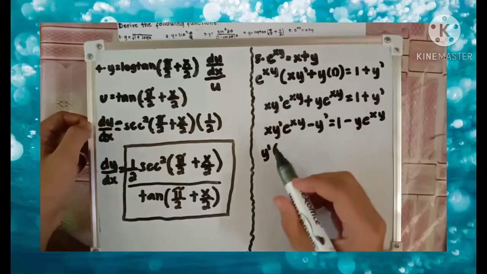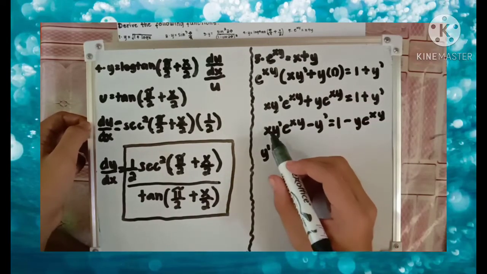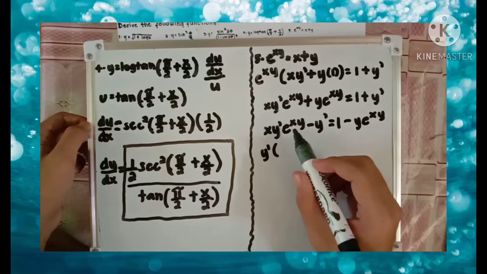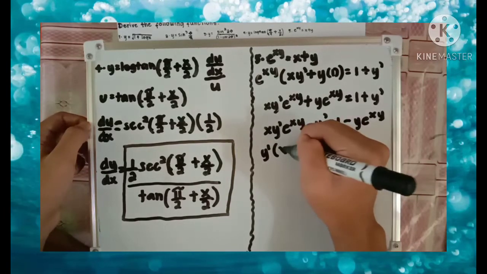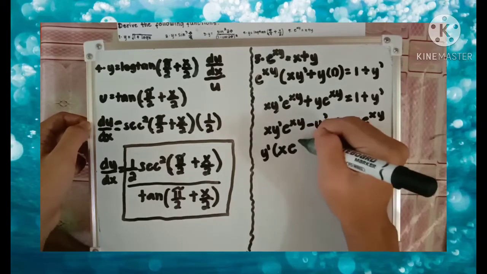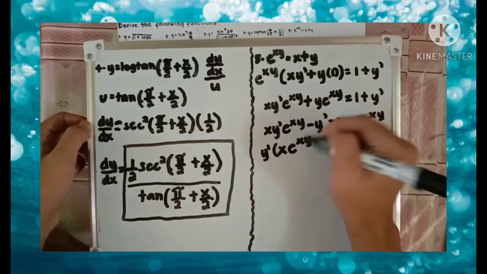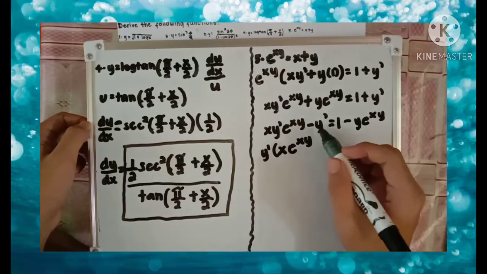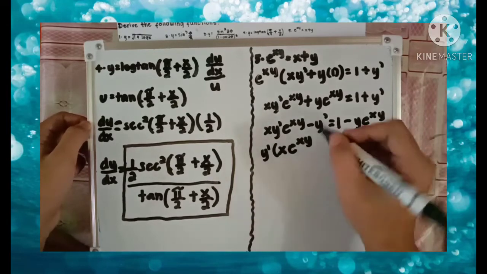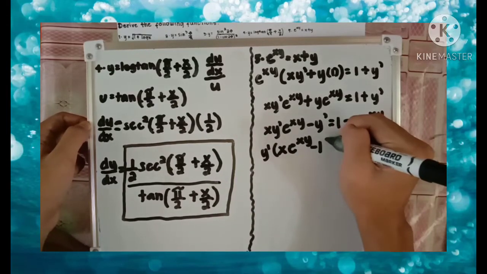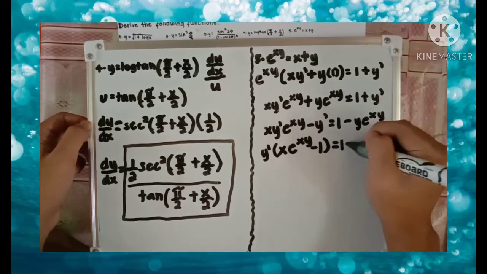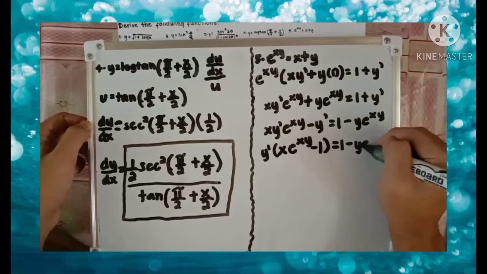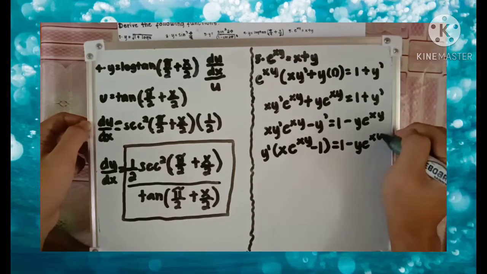Lalabas natin si y prime. Then xy prime times e raised to xy divided by y prime is equals to x e raised to xy. Then negative y prime divided by y prime is equals to negative 1, which is equal to 1 minus y e raised to xy.